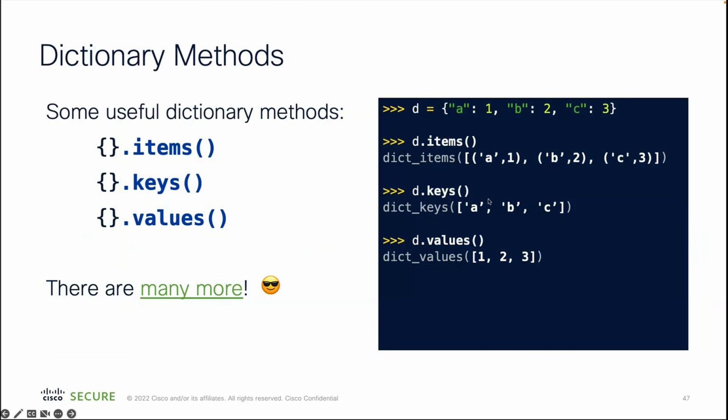As I mentioned, dictionaries contain a key and value pair in curly brackets, and they are comma separated. As you can see right here at the top, this is our example dictionary.